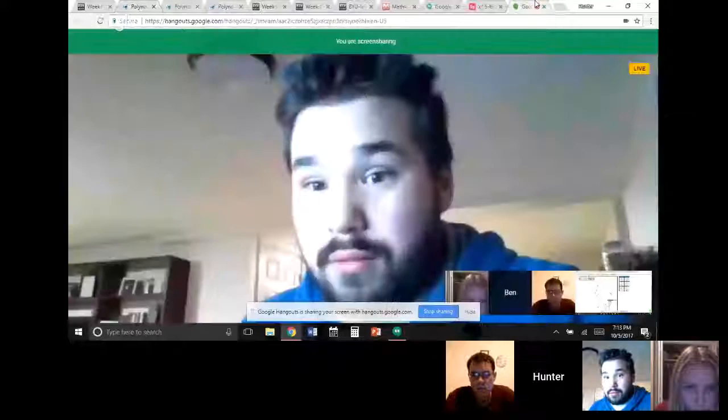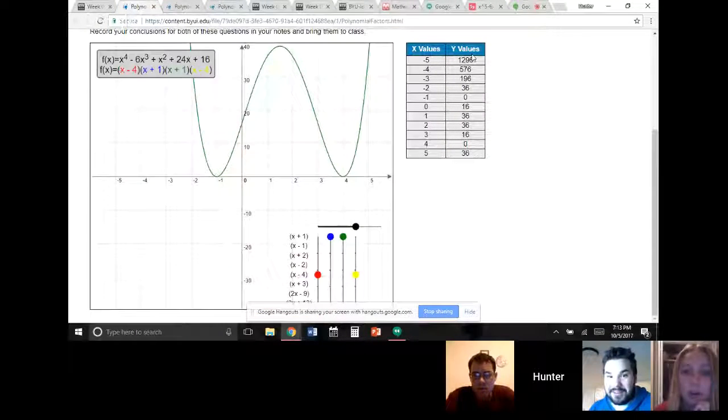As I was first looking through the chart, it doesn't look like there's a pattern, but right here in the 1 and 2 where it's the 36s, that's like the middle of it, and then it starts going down the x-axis negatively and then positive. Are you sharing your screen? I think I am. Yes, you are. Do you see what I'm saying?